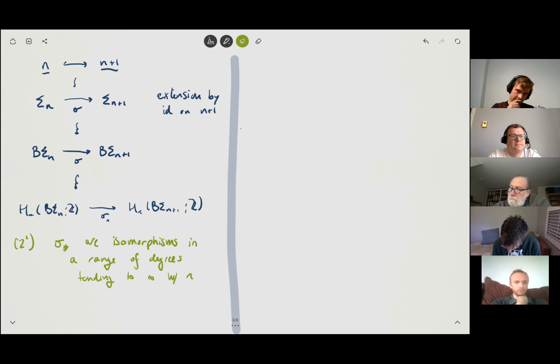If that's the case, then any fixed degree d eventually is in this range, and so all these groups are going to be the same as you increase n.